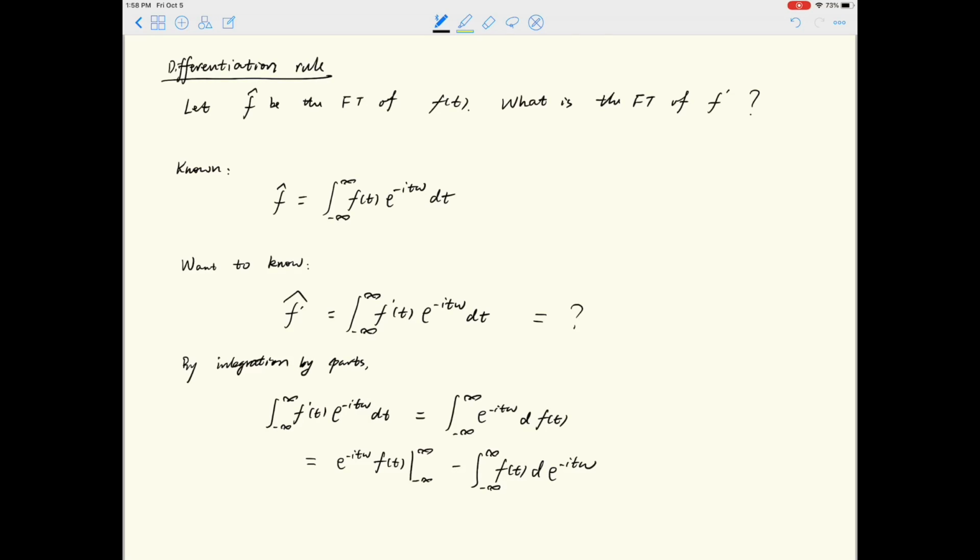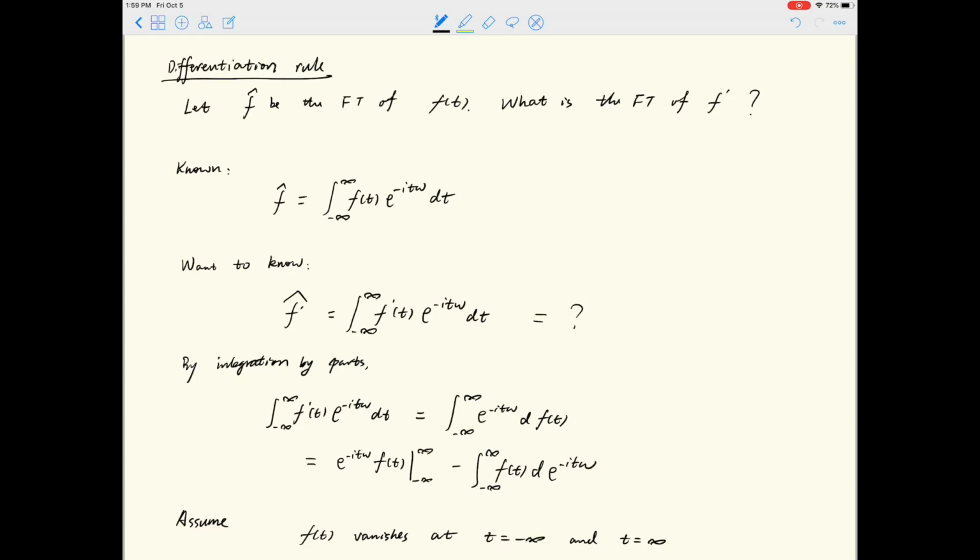Well, it turns out you cannot unless we make some assumptions. So here, assume f(t) vanishes at both t equals minus infinity and t equals infinity.